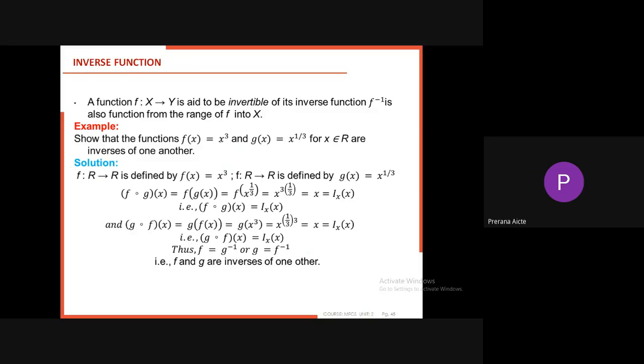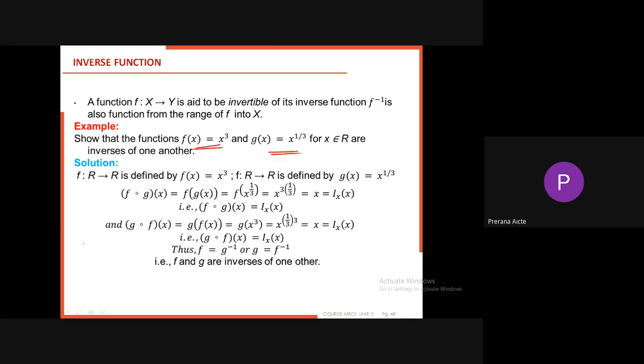Mapping x to y is possible by default. Again, if it is possible to map the elements from the range y back to x, then I can say that it is an invertible function.